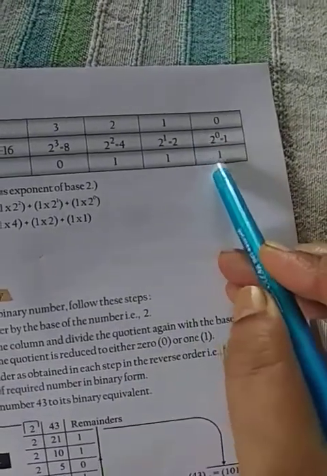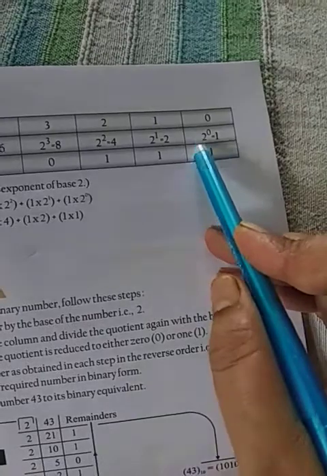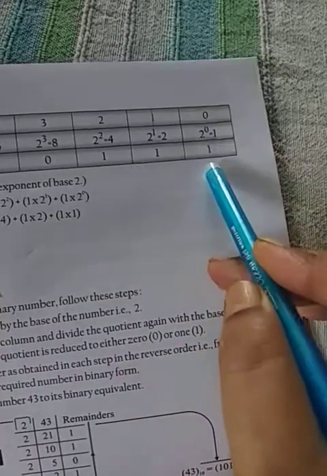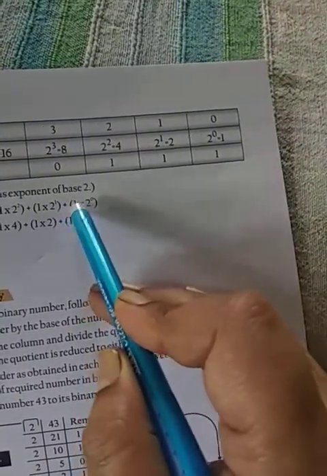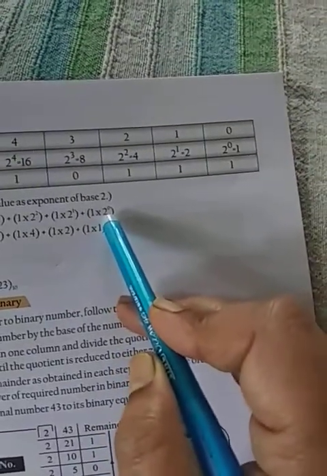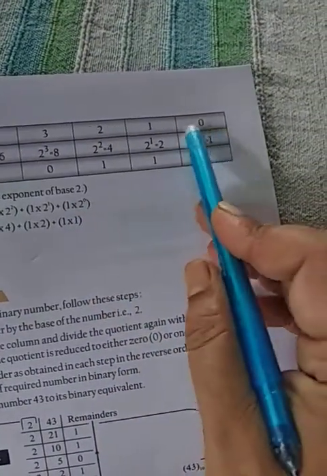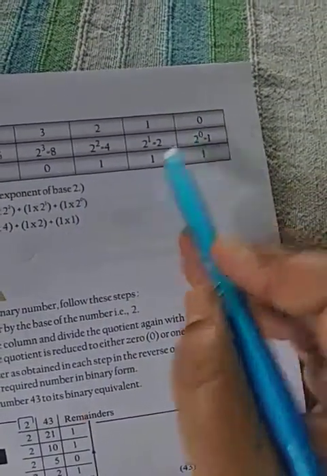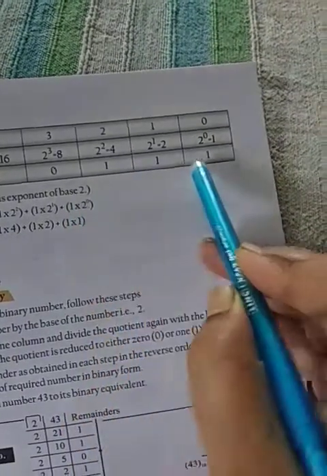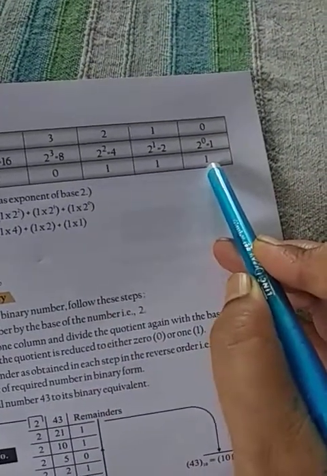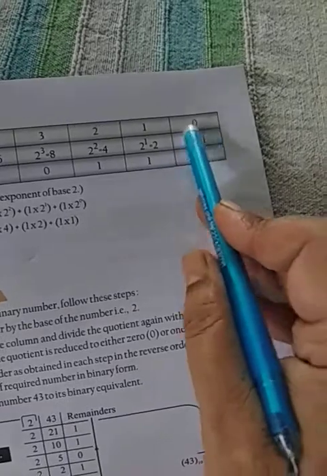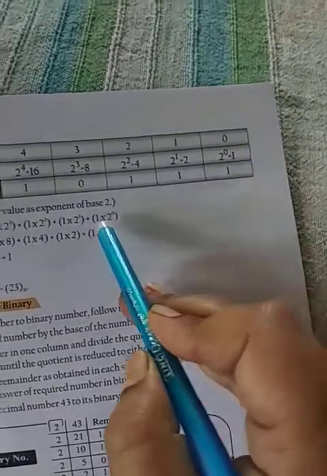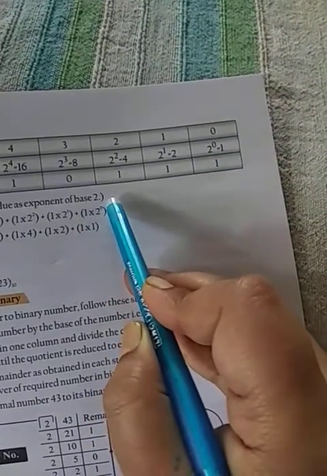See, the face value of this digit is 1, multiplied by the weight. The weight of this position is 2 to the power 0. So the face value multiplied by the weight of the position: 1 into 2 to the power 0.